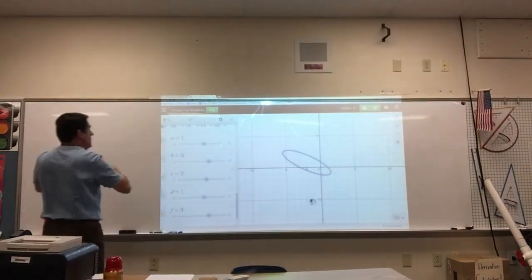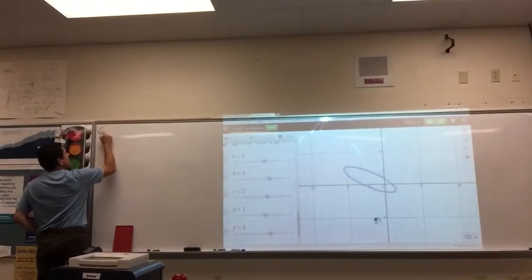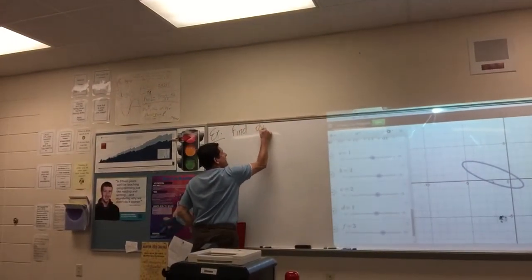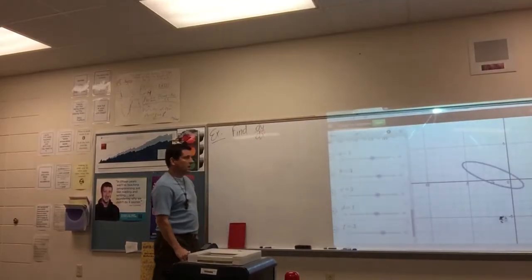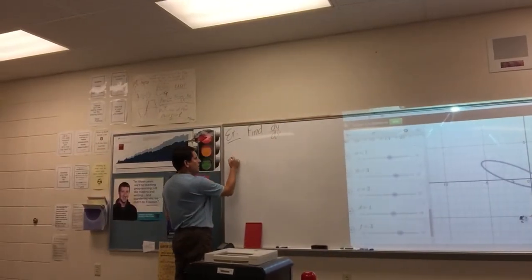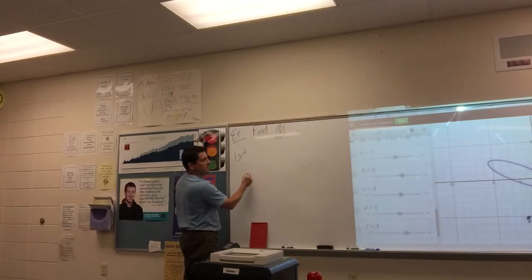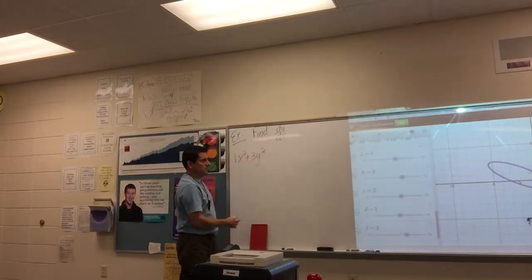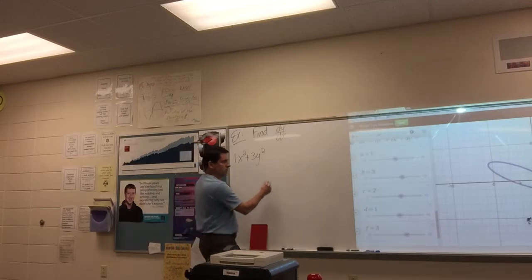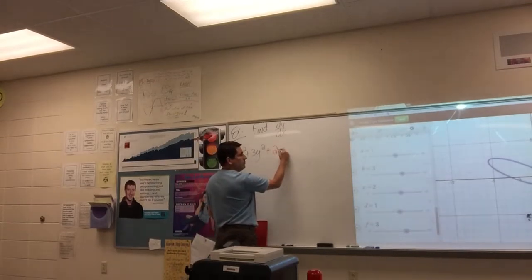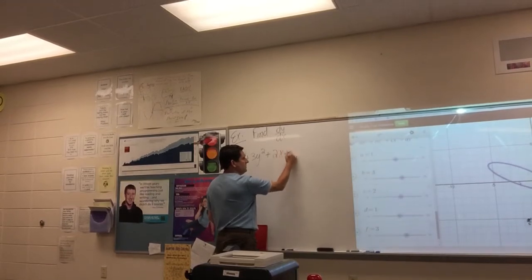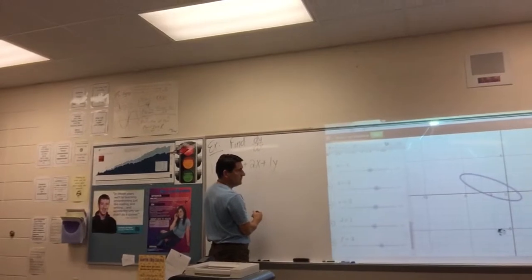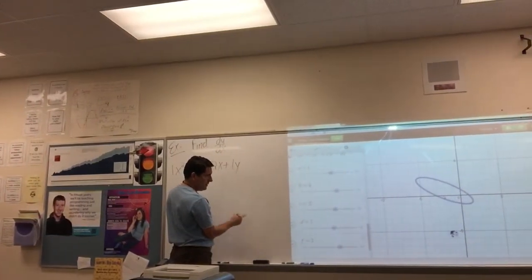So what do we got here? So we're going to find dy dx. And we have 1x squared plus 3y squared plus 2x plus 1y. I don't have e.